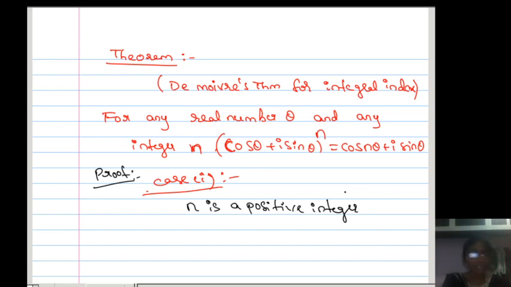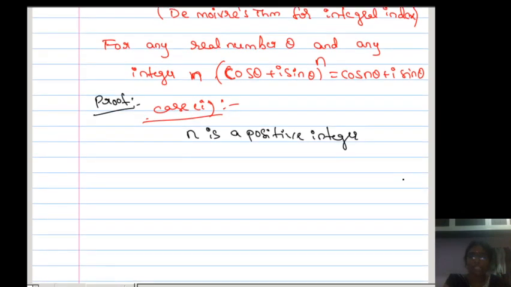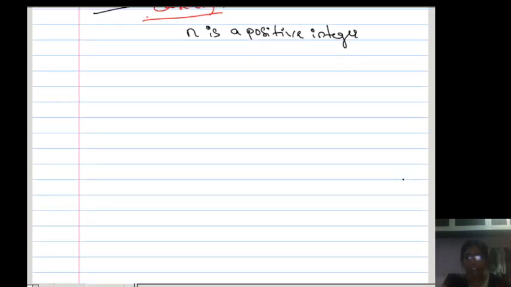In this case we can prove this theorem by using mathematical induction. I think you already know about mathematical induction. What is the meaning of the mathematical induction concept? We have to prove theorems by using this concept.